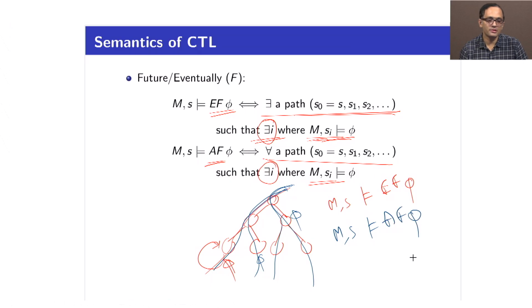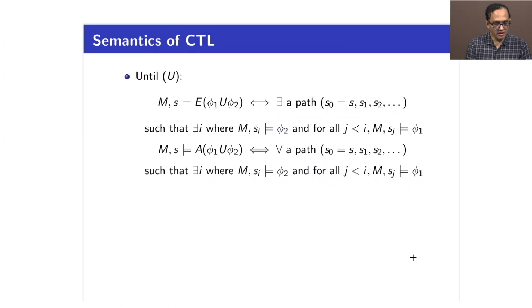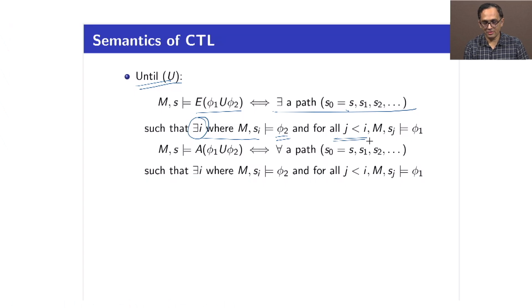Okay, clear? Similarly, E phi 1 until phi 2 means there exists a path starting from S such that there exists some i in this path where phi 2 holds, and for all j less than i, Sj satisfies phi 1.